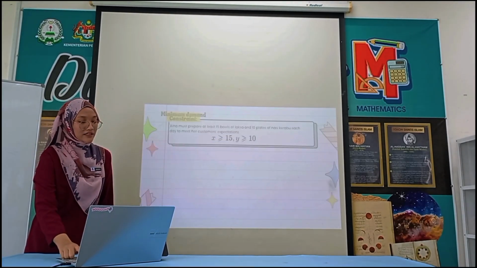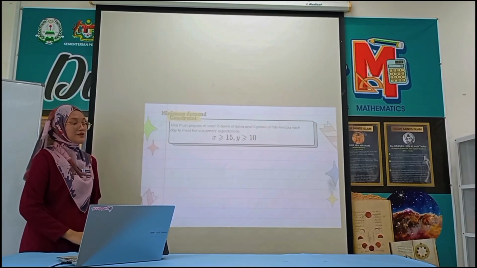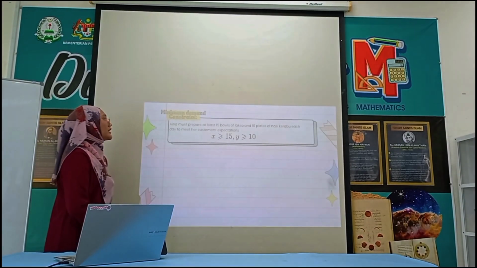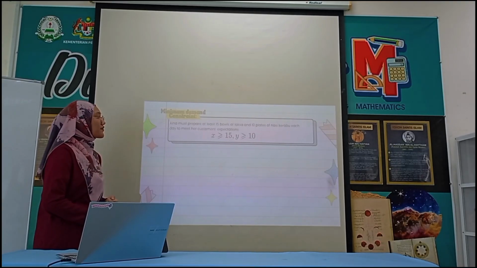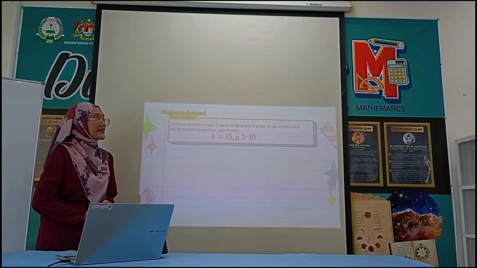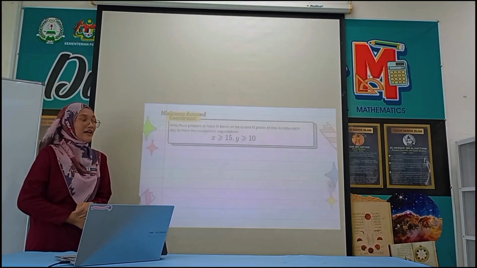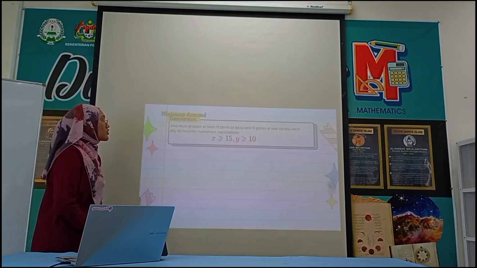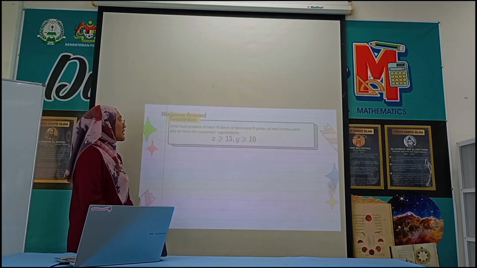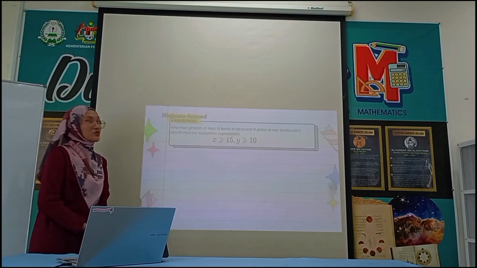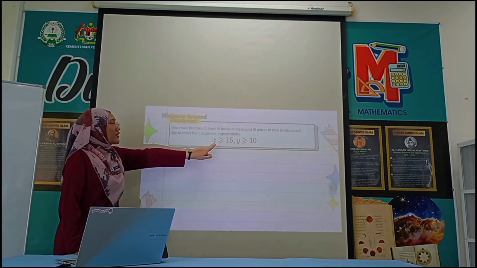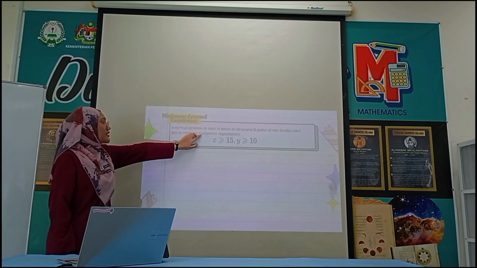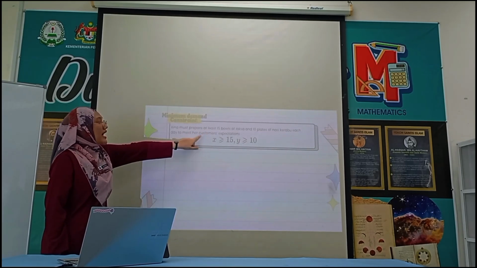Next, the third constraint is the minimum demand constraint. Aina must prepare at least 15 bowls of laksa and 10 plates of nasi kerabu each day. Laksa equals x, so for x we use the symbol more than or equal to because the keyword is at least.